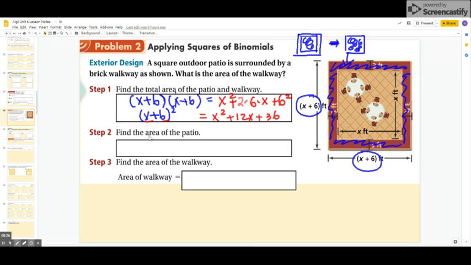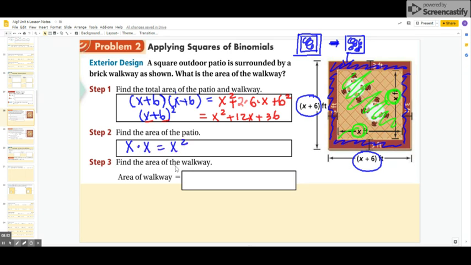So now let's find the area of the patio here. If you look at the inside, you see x feet and x feet. So inside, the area is going to be x times x, which is x squared.